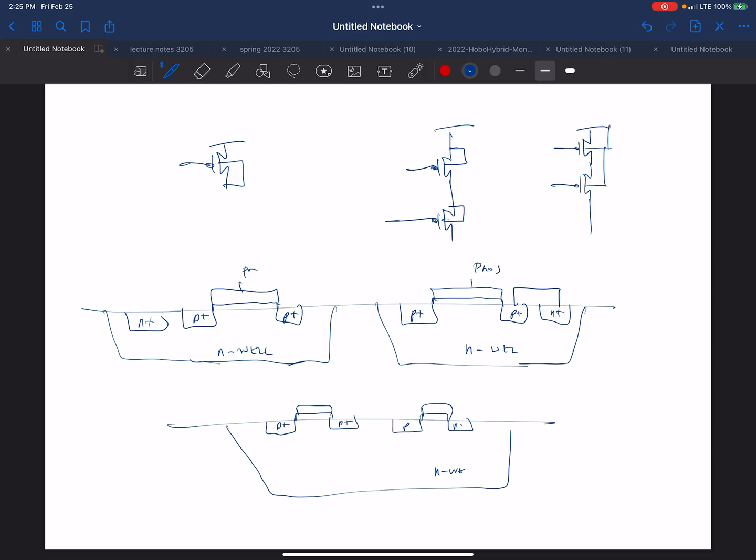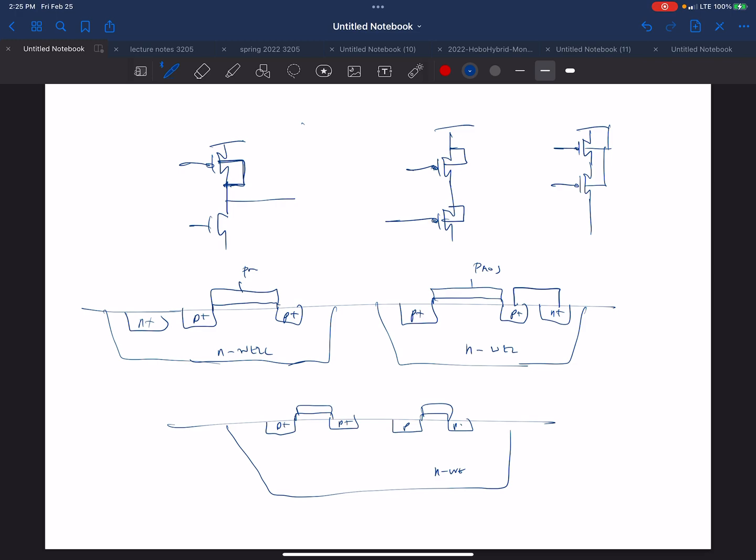I can connect my substrate to this guy as opposed to up here. But there's a problem with that. If I have a connection like this, my substrate's voltage is going to change as my output goes up and down.